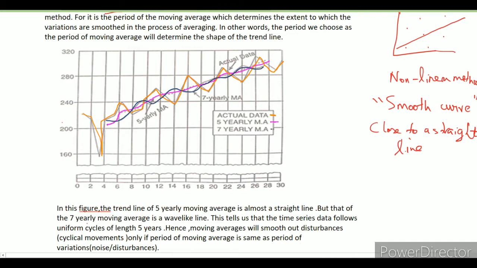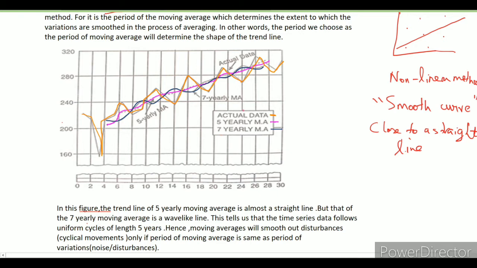What we notice here is that in the case of the 5-year moving average, we get a more smooth line or a smooth curve. Your 7-yearly moving average is more wave-like.